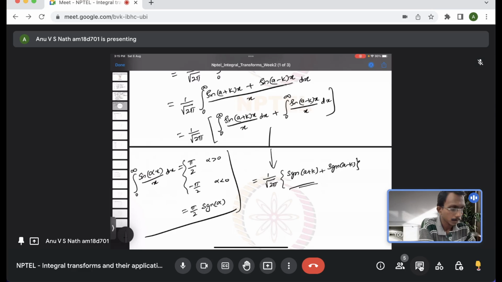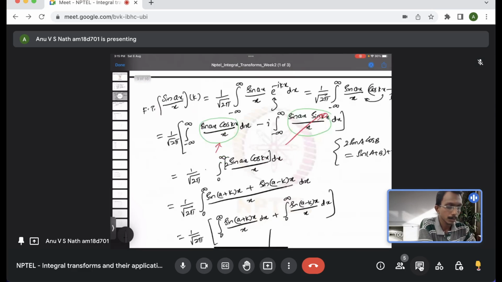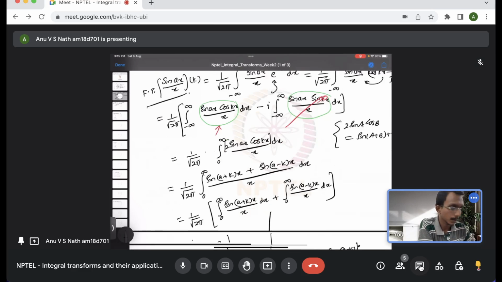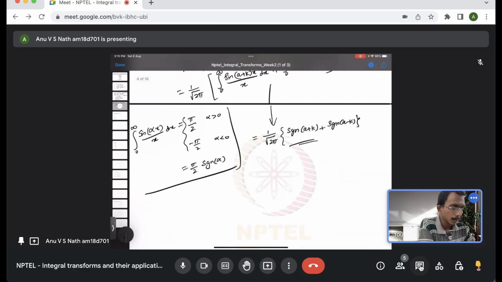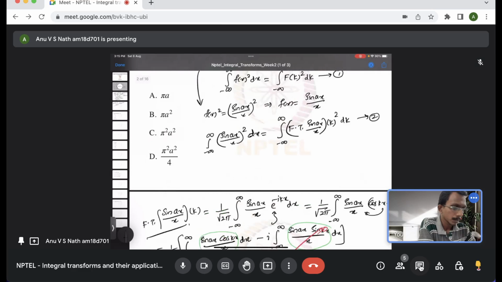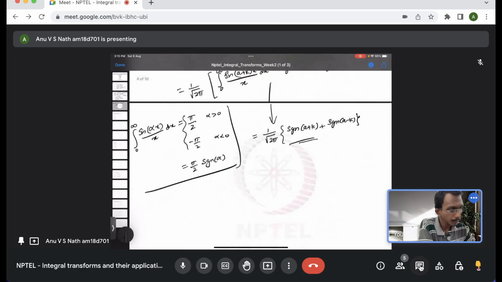So we got the integral, or the Fourier transform, of sin ax by x here. Now our basic objective is to evaluate this integral. For that we use Parseval's theorem to obtain equation 2, that if we know the Fourier transform of sin ax by x, then square it and integrate it from minus infinity to plus infinity, we will get the answer. So now that we know the Fourier transform, we will square it and integrate it.